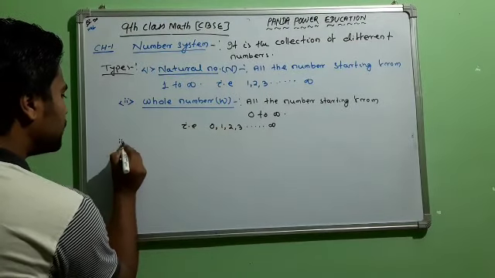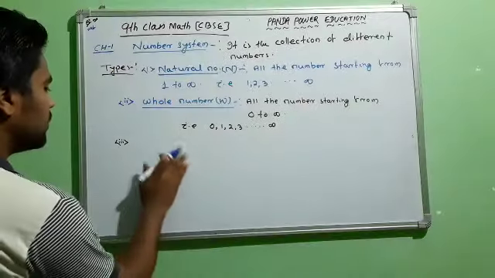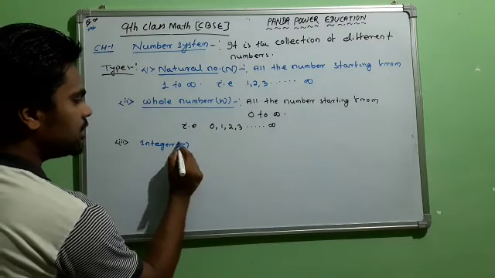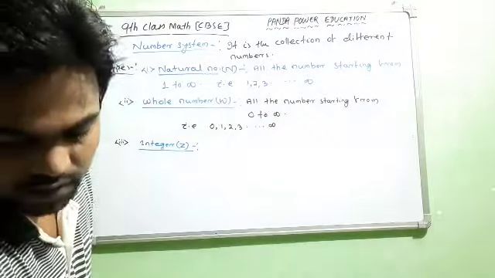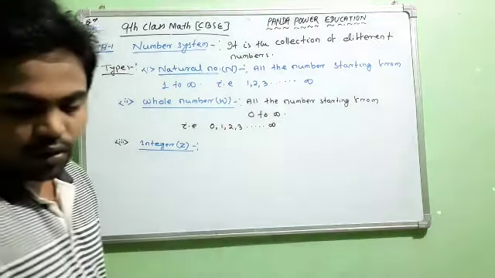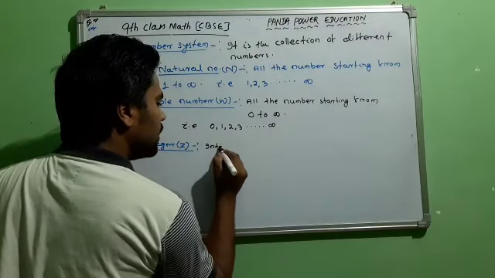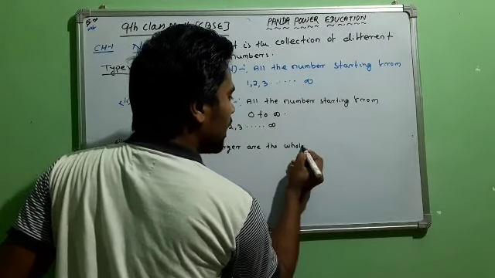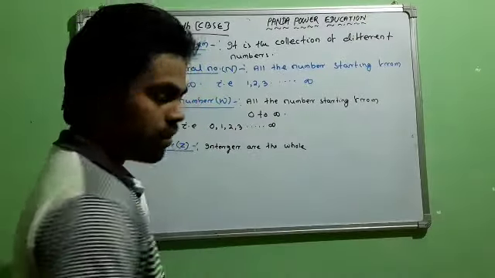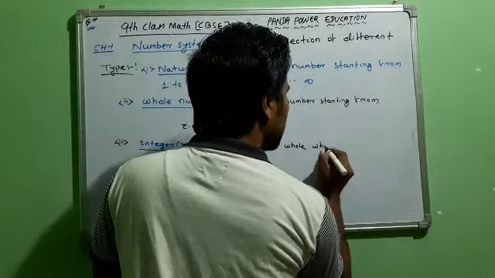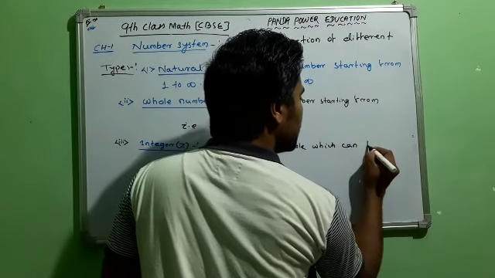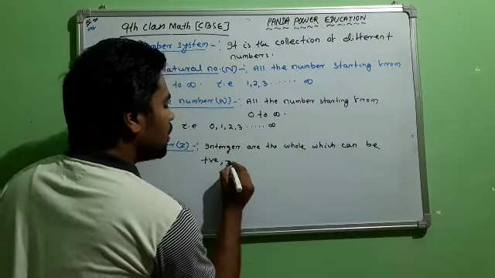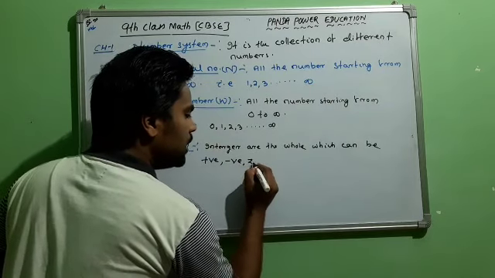Next, the third one is integers. It is denoted as Z. Write down: integers are the whole numbers which may be positive, may be negative, or may be 0.